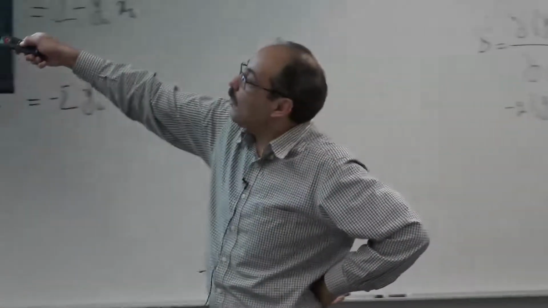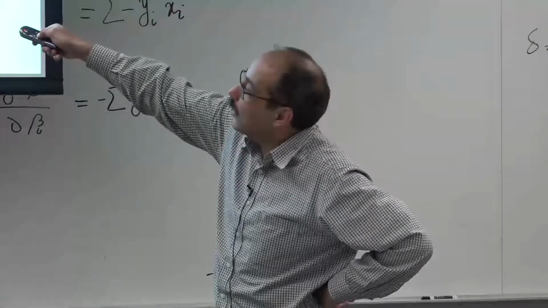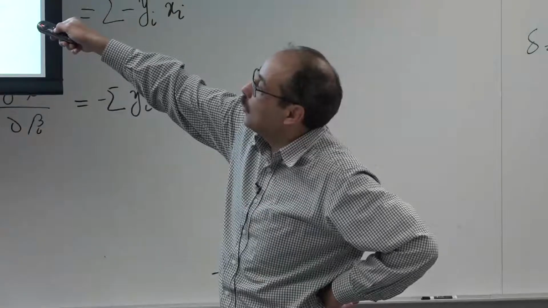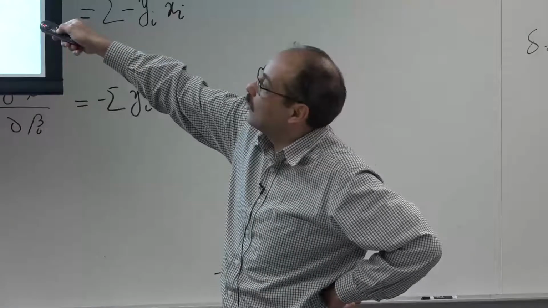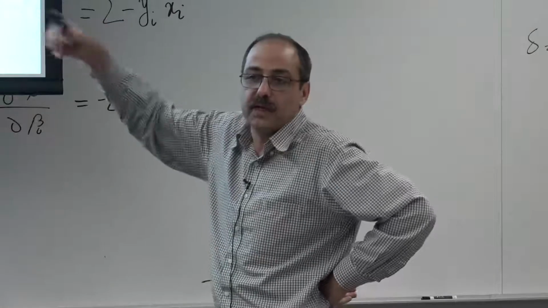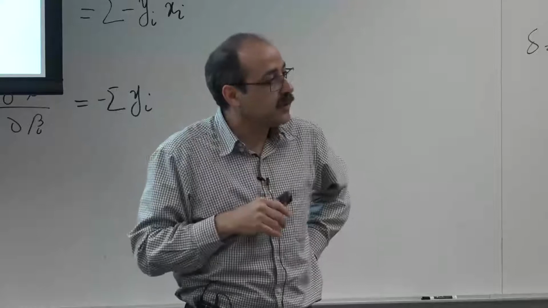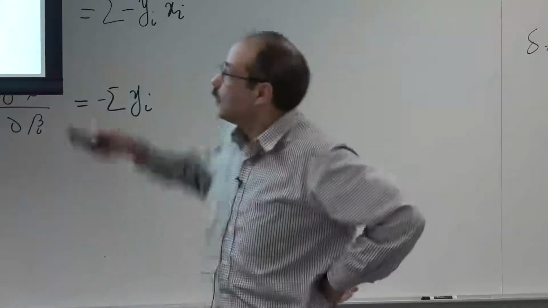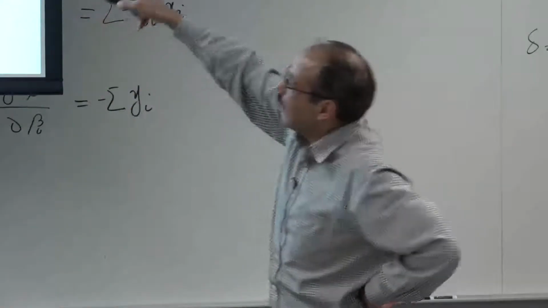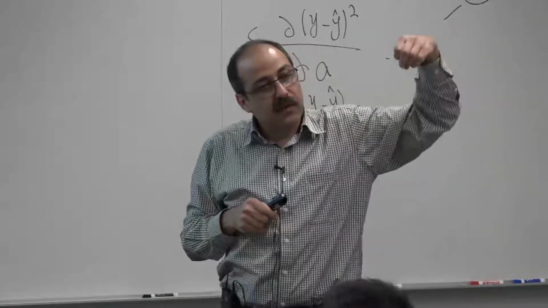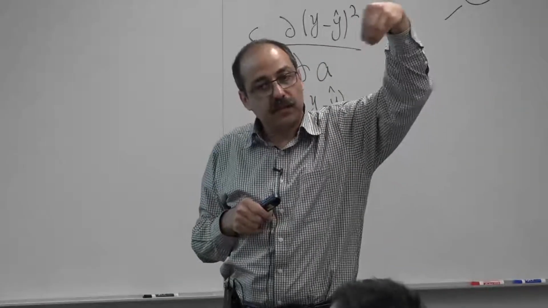So the new weight will be the old weight minus some learning rate times the derivative with respect to that weight, which doesn't have a closed form anymore, and can be computed using this back and forth algorithm, which is called backpropagation. Okay, so the search algorithm still is gradient descent, but the way that we compute the gradient is backpropagation.